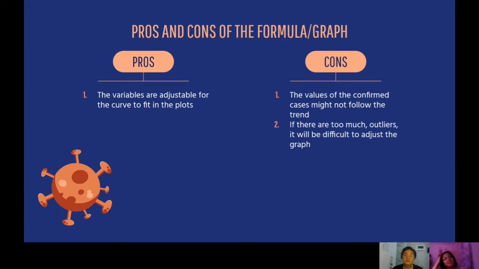The cons are that the values might not follow the trend, meaning the shape of the curve might not be exponential. It can be other kinds of shapes. And the second is that if there are too many outliers, the curve may not be accurate or representative enough.